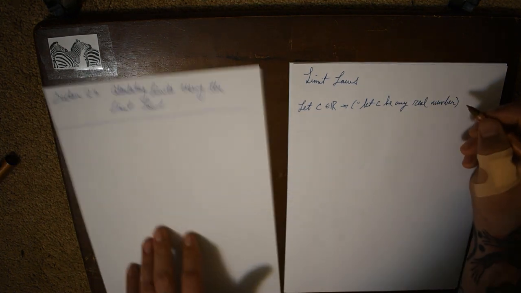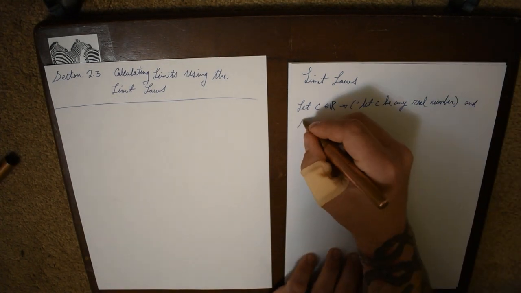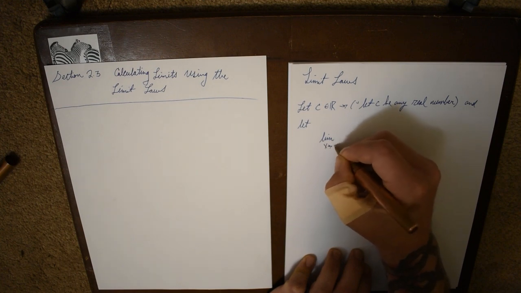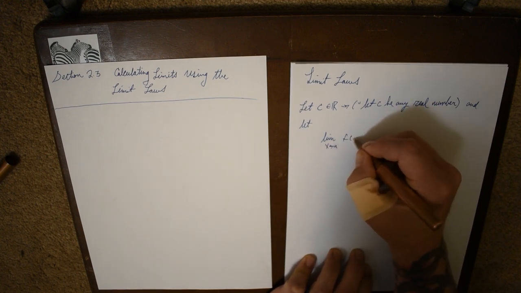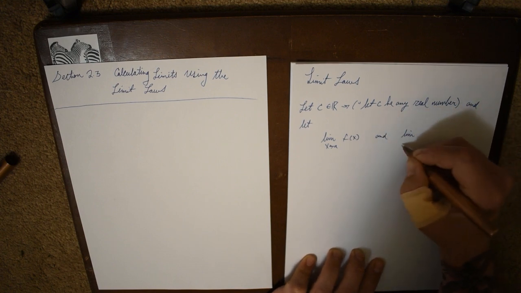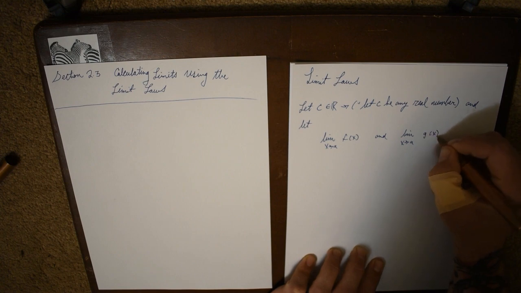So let C be in R, and let the limit as x goes to a of f of x, and the limit as x goes to a of g of x exist.